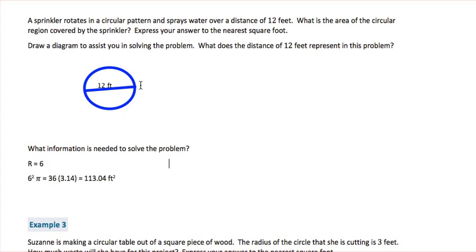So if the radius is 12, then our area would be 12 squared times pi, or 144 times 3.14, and that is approximately equal to 452,160 square feet.